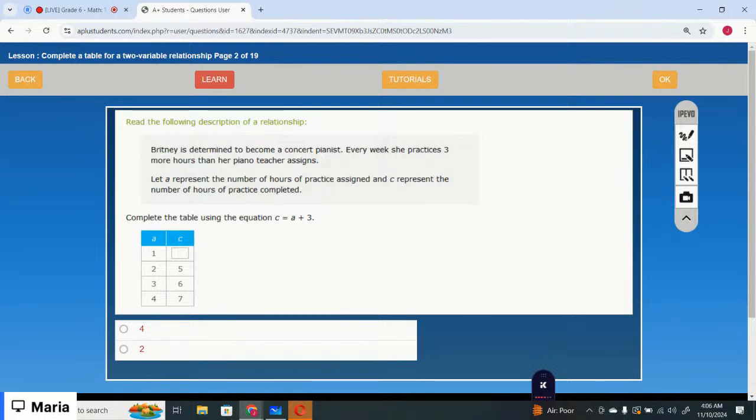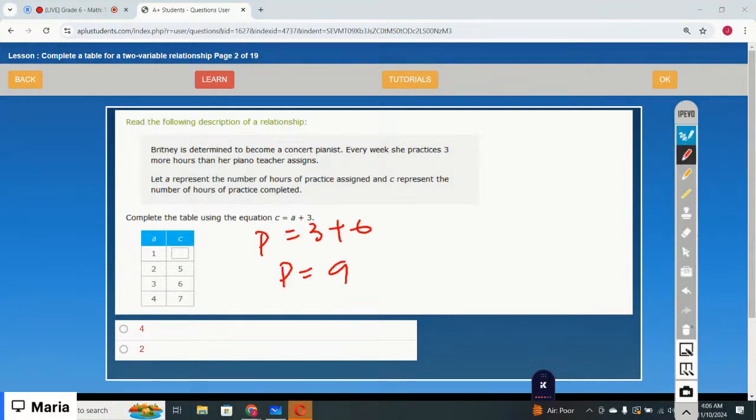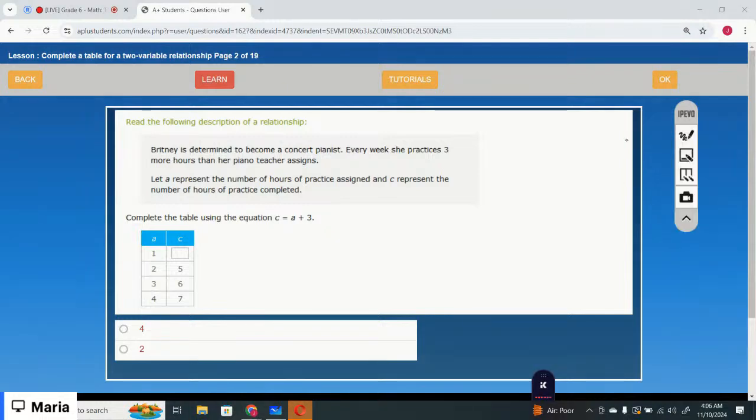You need to calculate the value of c when a equals 1, right? So just replace the value in the equation. c equals a plus 3, so replace the a with the value, so 1 plus 3 is 4. That means when a equals 1, c equals 4. Got it? The correct option is option number 1.